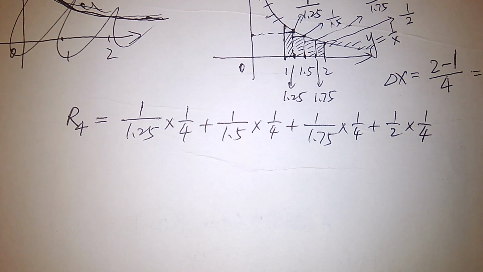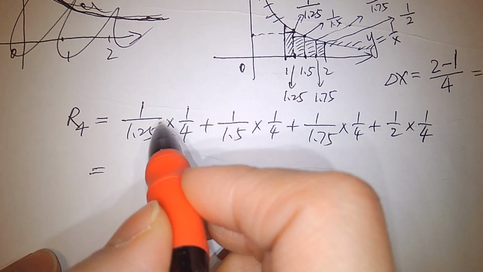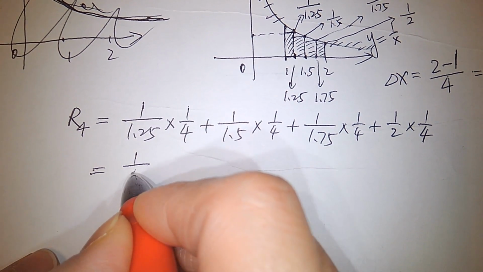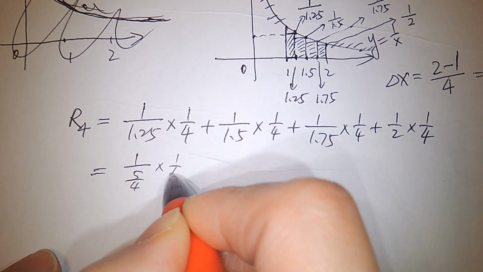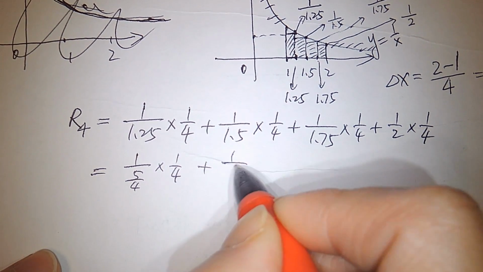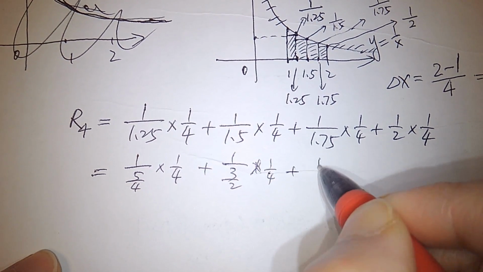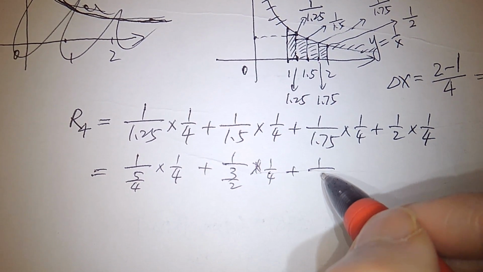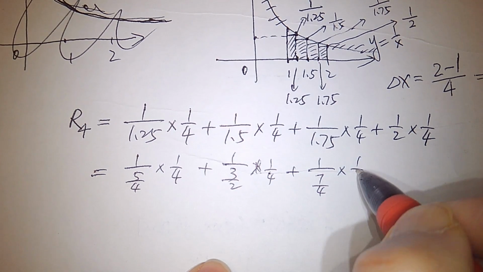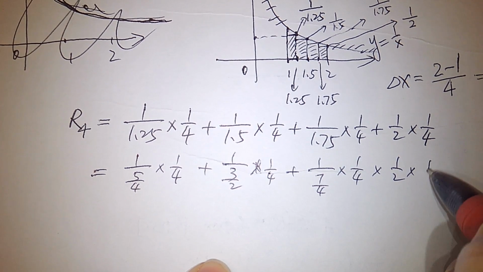So now let's try to do it, okay? This is 1 over 5/4 times 1/4, plus 1 over 3/2 times 1/4, plus 1 over 7/4 times 1/4, plus 1/2 times 1/4, right?